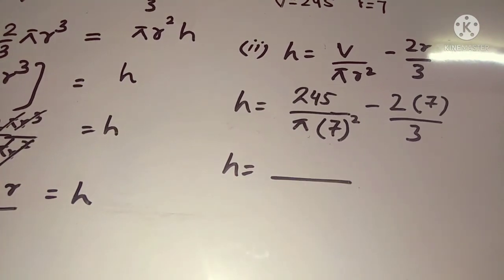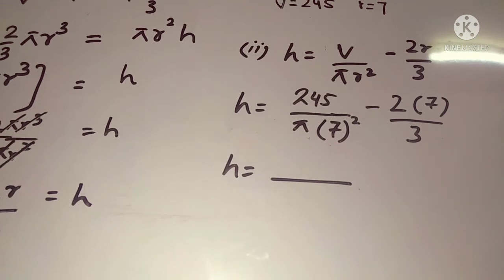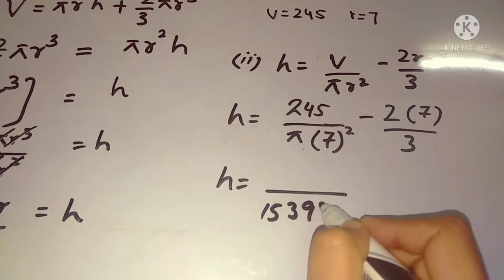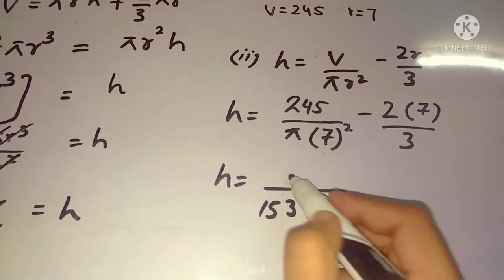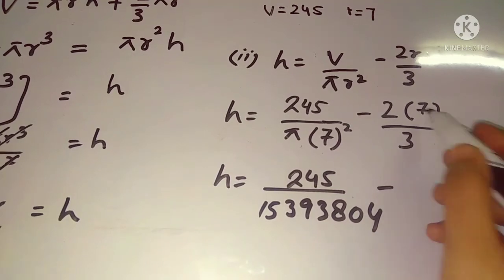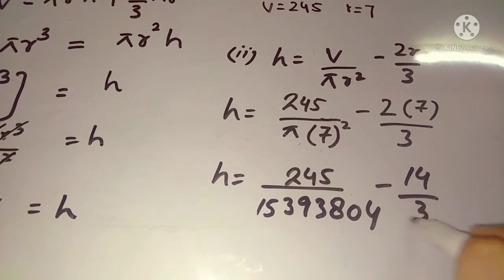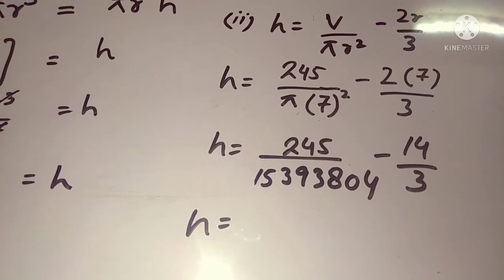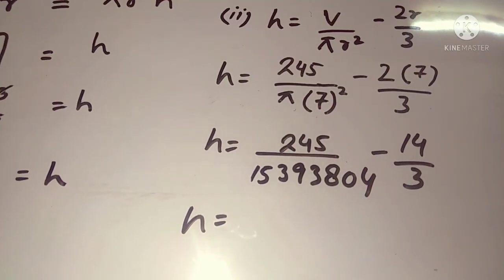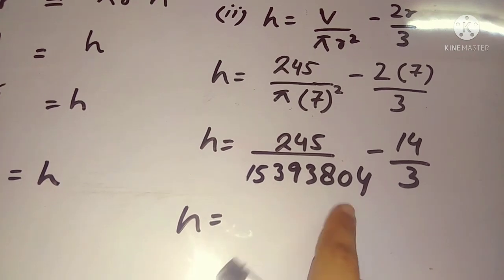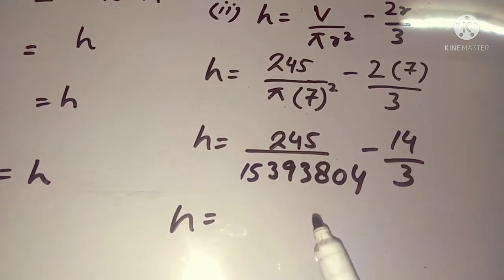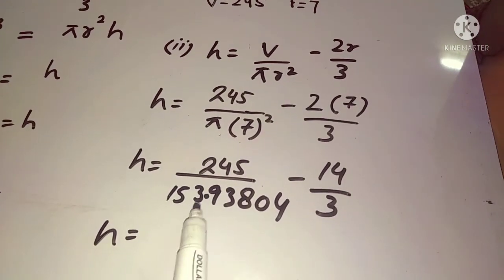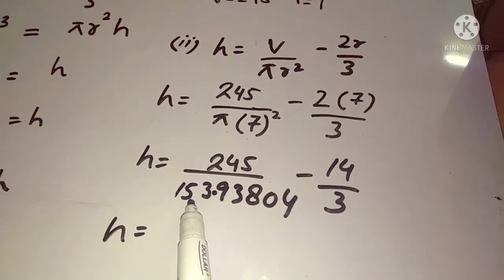So 245 is in the numerator, and minus 2 sevens are 14 over 3. Now divide 245 by the answer, 153.93804. So students, when you multiply 7 sevens are 49 with pi, you will get 153.93804. You can round this up as 154.